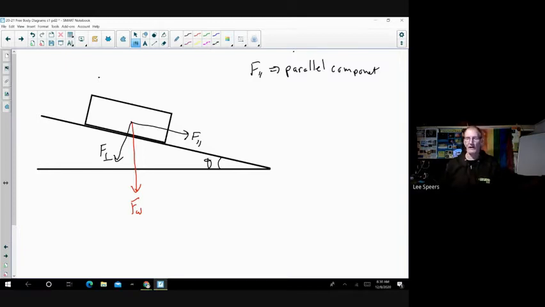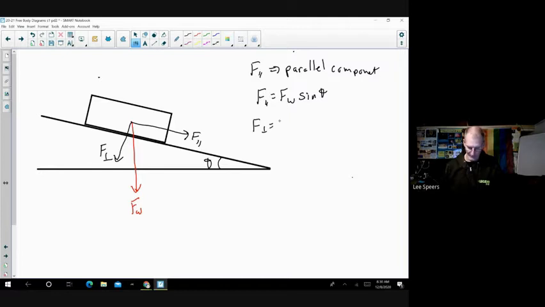So this parallel component, the component trying to pull it down the plane, is found by taking the weight force and multiplying it by the sine of the angle of incline. Okay, so the parallel force is the weight force times the sine of the angle of incline.